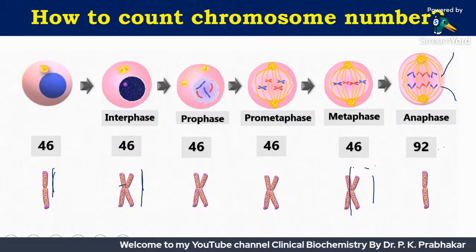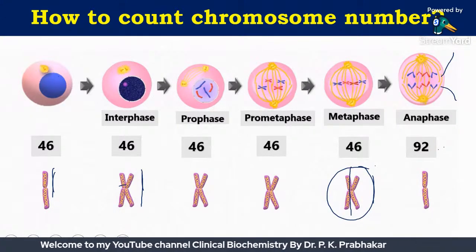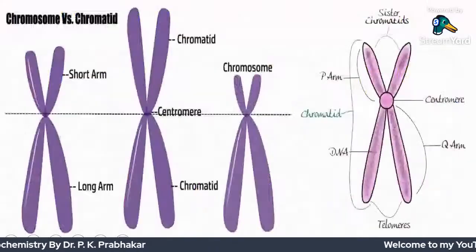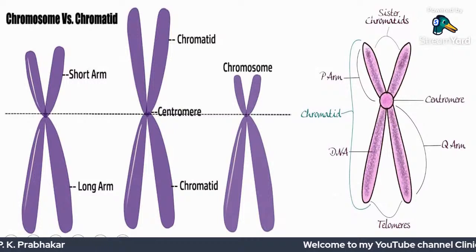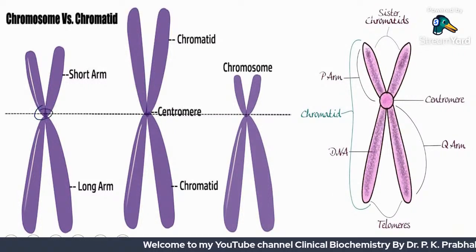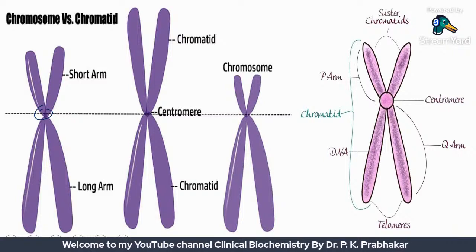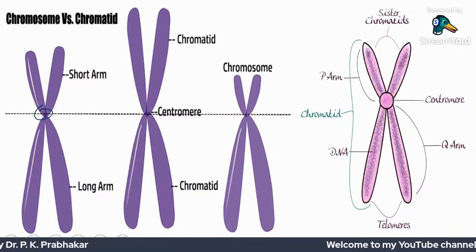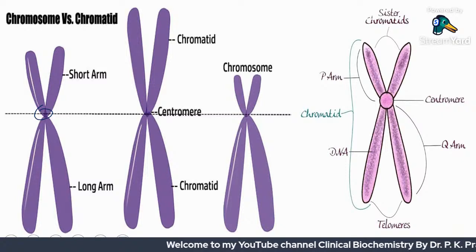Up to metaphase we visualize two chromatids, while in anaphase we again have single chromatids because they have been separated. So when we look at chromosomes and chromatids, we only study metaphasic chromosomes, because at that stage they are in their most visible, most condensed form.